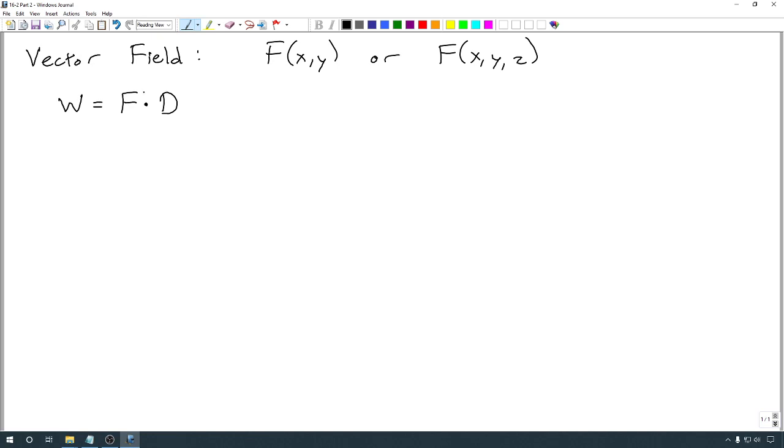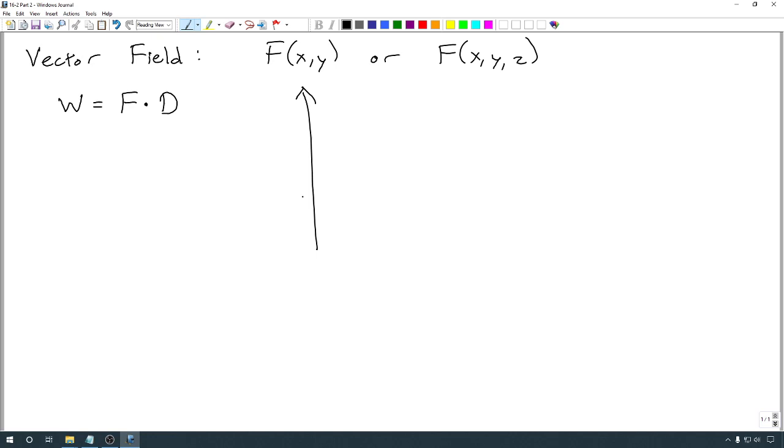What we want to do here is generalize this idea by having the force be able to change as we move along some curve. So instead of d being a line that we travel along from point A to point B, we instead use some curve to get from point A to point B, and the force can change along that curve as well.